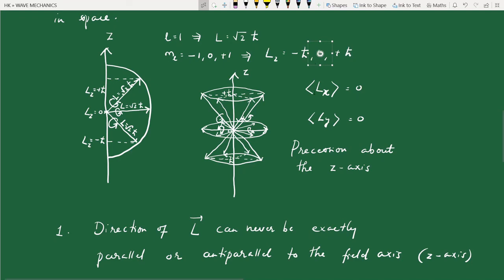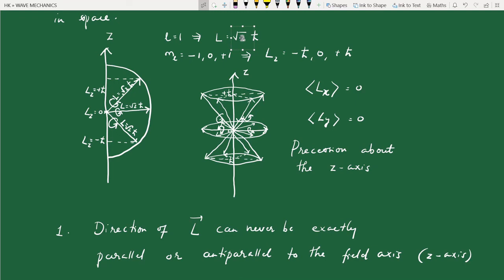But the other two components, Lx and Ly, do not have any fixed value. Suppose we have a fixed value for Lx. If Lx and Lz have fixed values, then since the total angular momentum has a fixed value, root 2 h cross, Ly will also have a fixed value, the square root of L square minus Lx square minus Lz square.